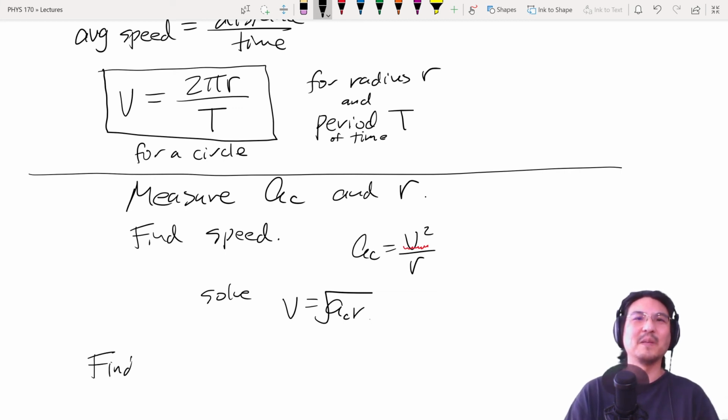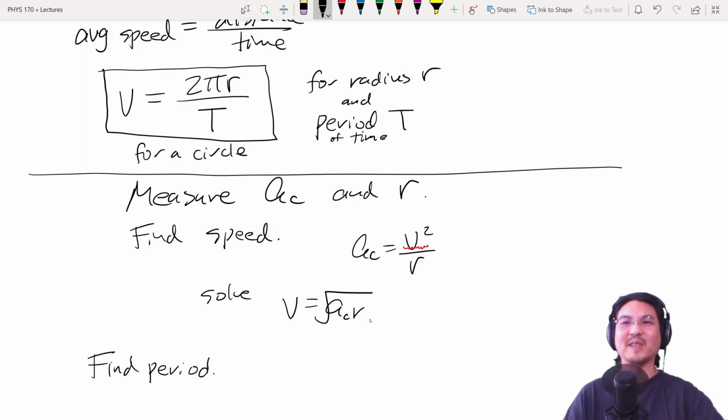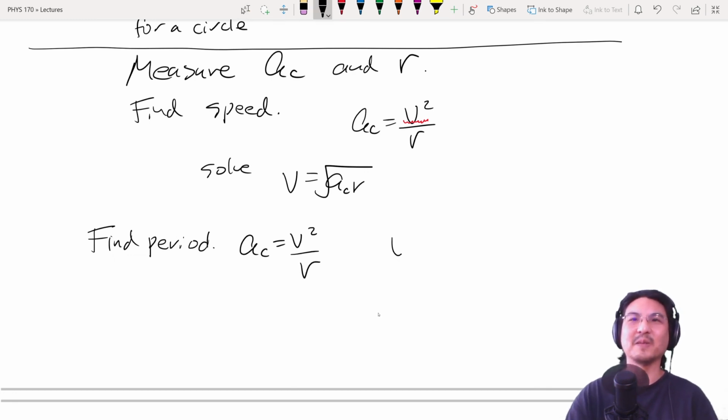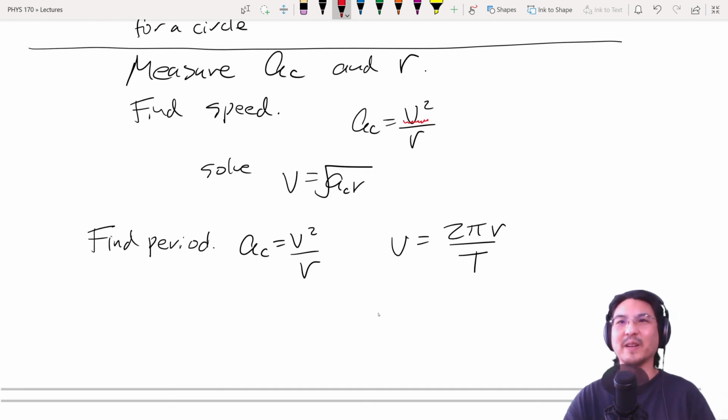Next problem. Find the period. How long does it take for your sensor to go around the circle? So all the formulas in the world that you know, right? You know this one, and you know this one, and now you're given the acceleration and the radius, but we don't know v, we don't know t.